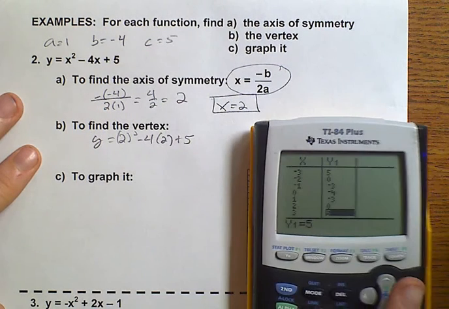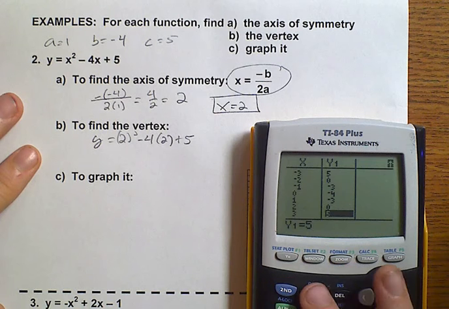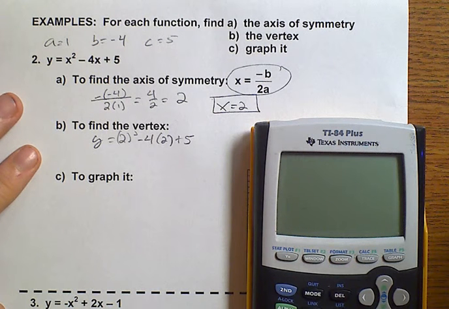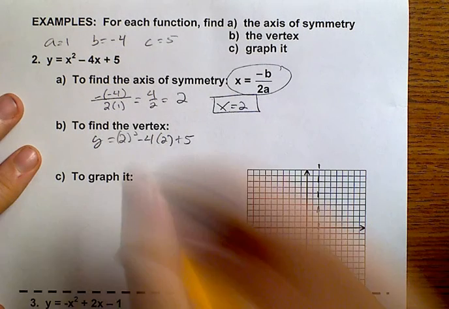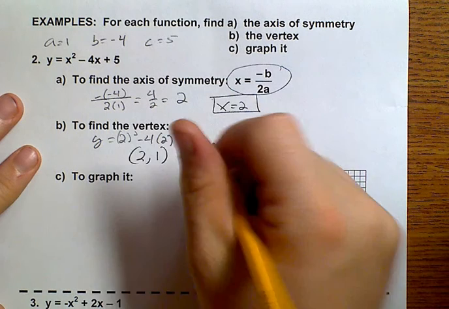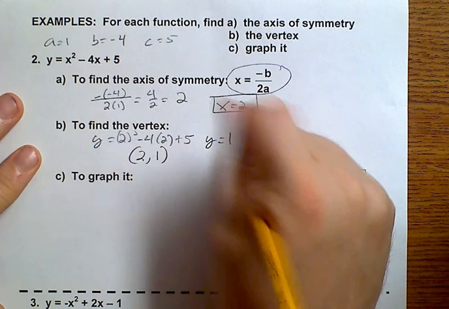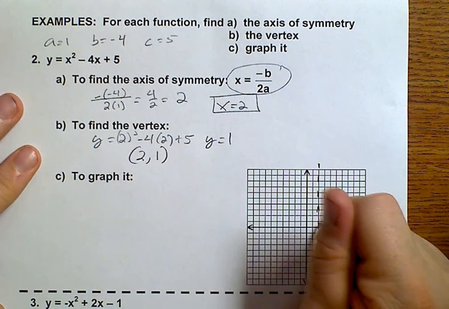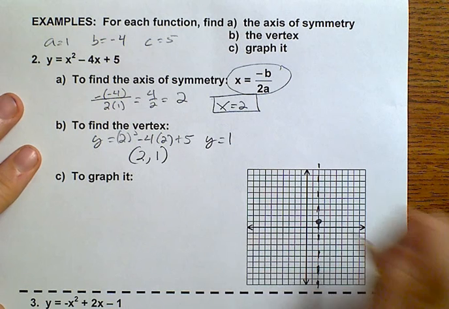On my calculator, second quit to get out. And now 2 squared minus 4 times 2 plus 5 gives me 1. So this would be 2, 1. There's my vertex.